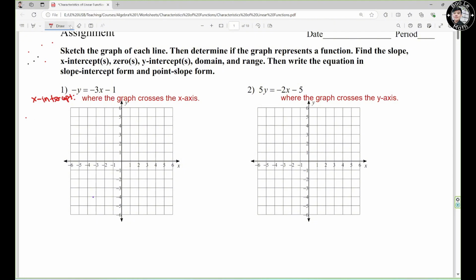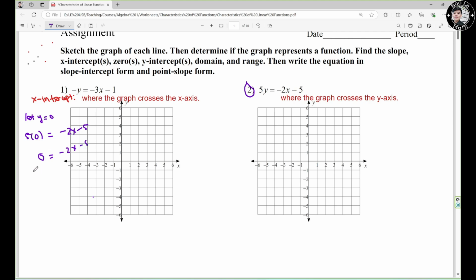So we're going to let y equal to 0, which means 5 times 0 equal to negative 2x minus 5. Now 5 times 0 equal to 0, and then it's going to be negative 2x minus 5.